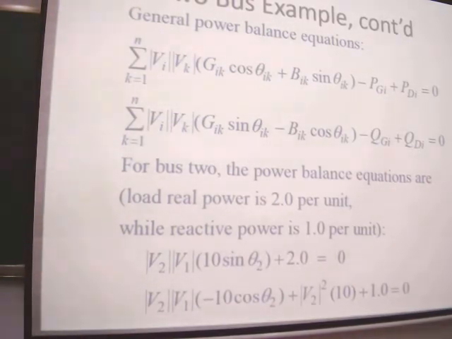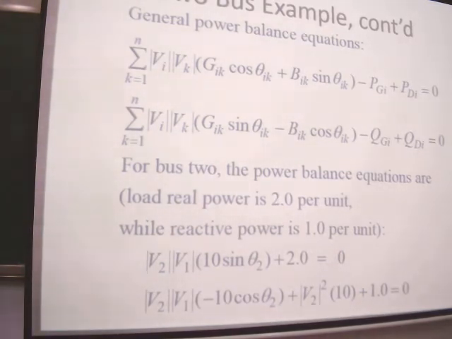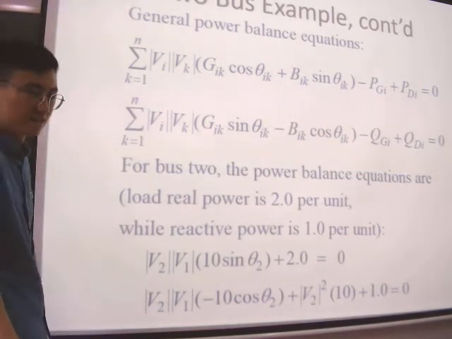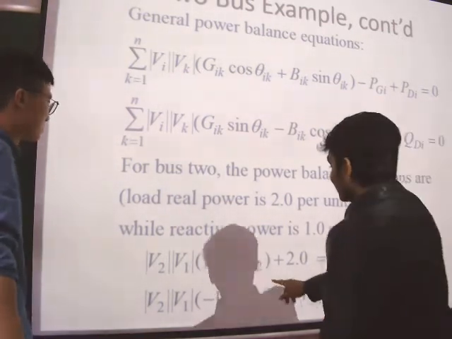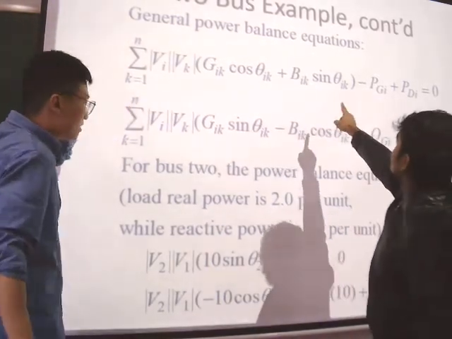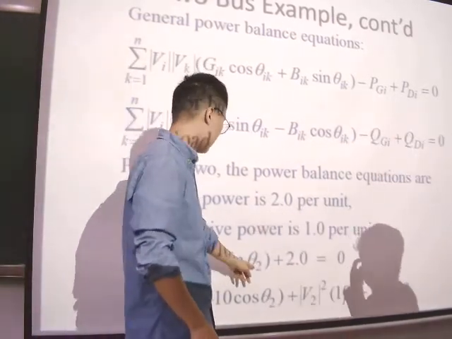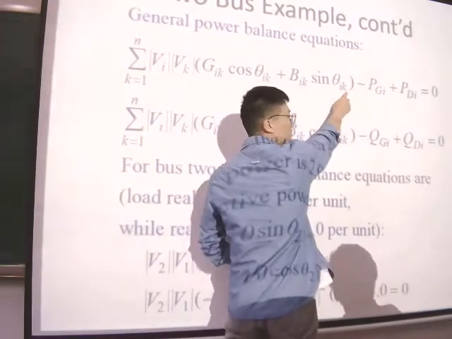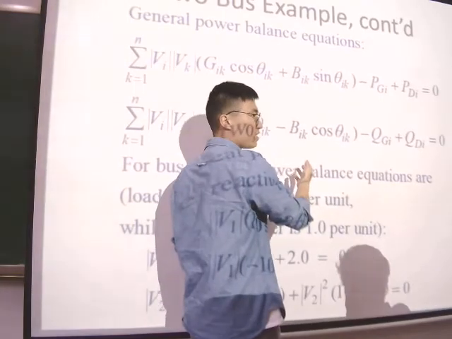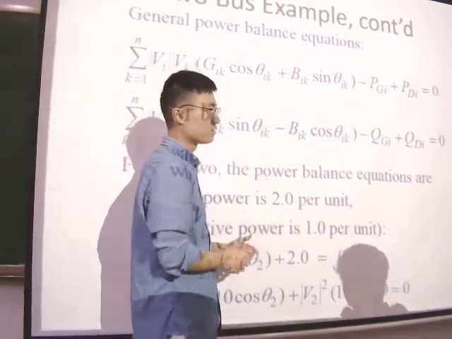Now if B equal to sin theta equal to 0, so how to get 10 sin theta 2? Here, it's very difficult. How many 10 sin theta 2? We want, if B equal to sin theta equal to 0, 0, but however, for here, i is not equal to k. Because i is bus 1, right? In bus 1, we assume that it's a slack bus, so we assume that there is a 0 degree.